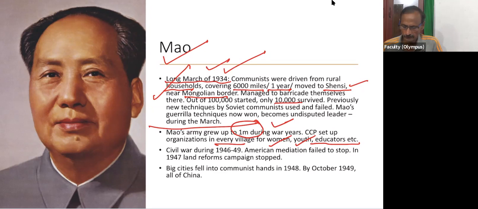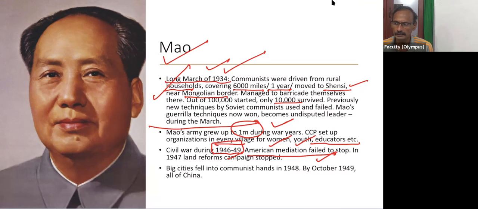And then the Civil War started, during 1946 to 1949. Americans tried to mediate between the two. And one interesting thing here is, it is not that Americans simply resigned themselves that China would one day be on the side of Russia.